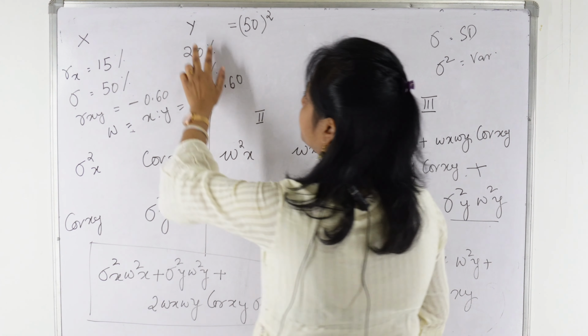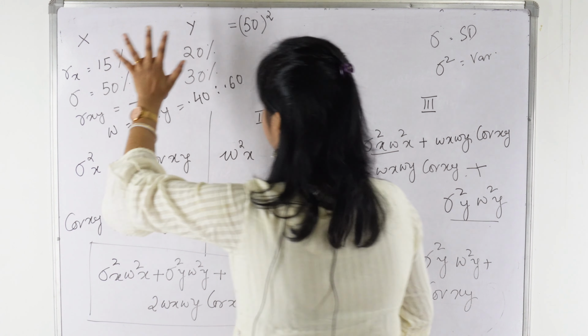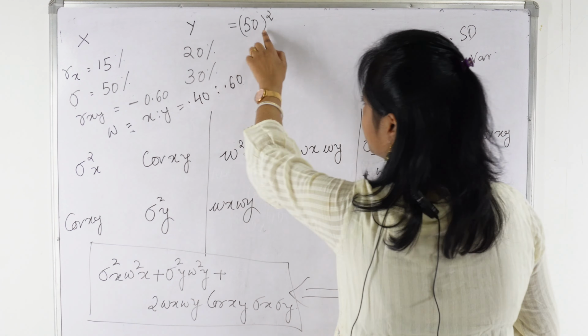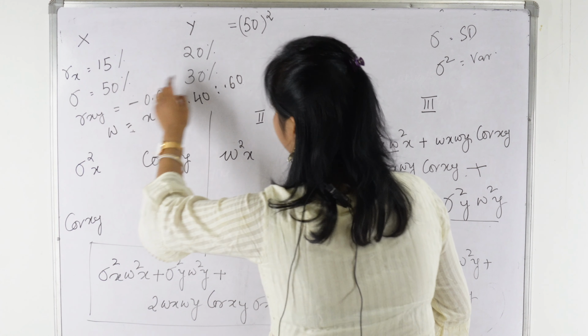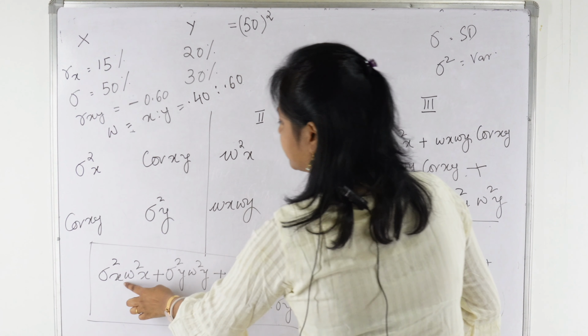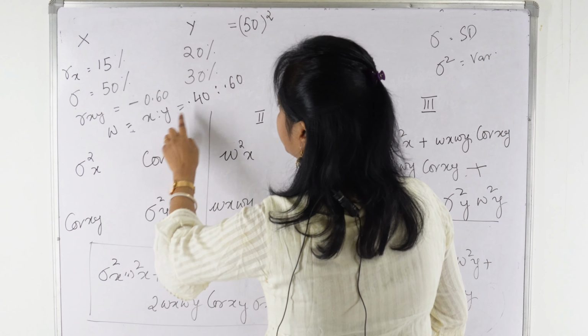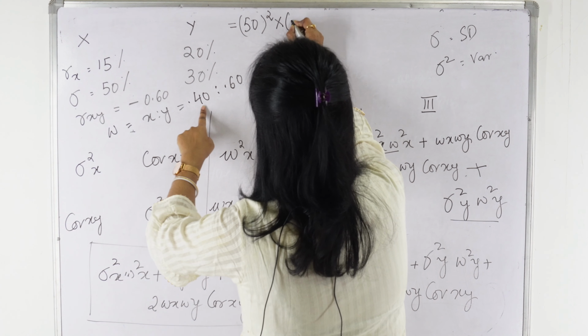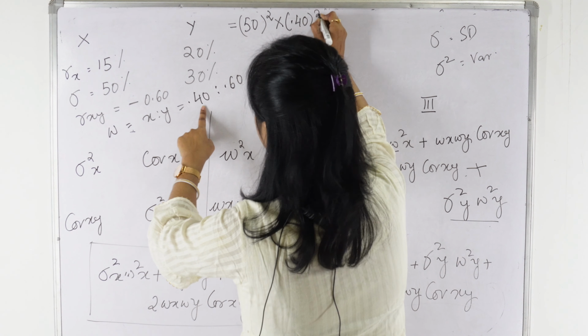So 60% I have invested in y and 40% in x. Given this information, variance of x is given to you, standard deviation 50, so I square it to get the variance. Weightage of x is 0.40, so I will square this also, 0.40 square, okay.